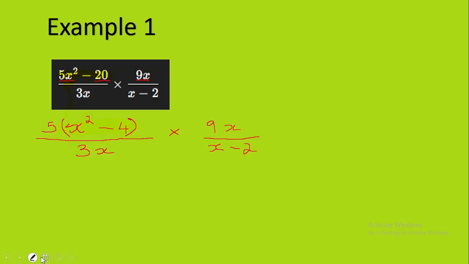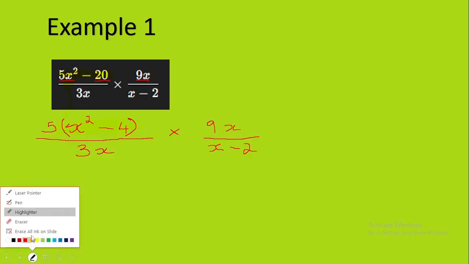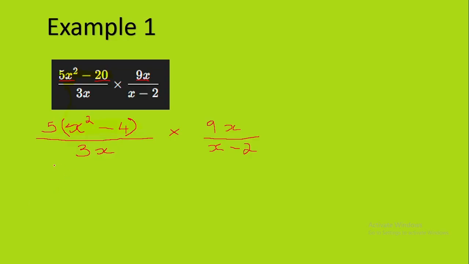So we'll have 5, and factorizing x squared minus 4, what's the square root of x squared?